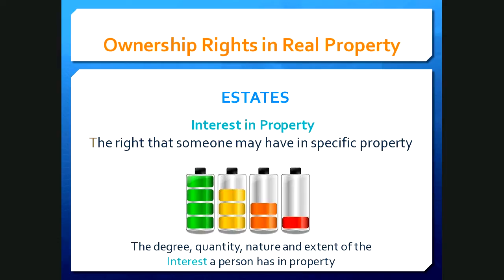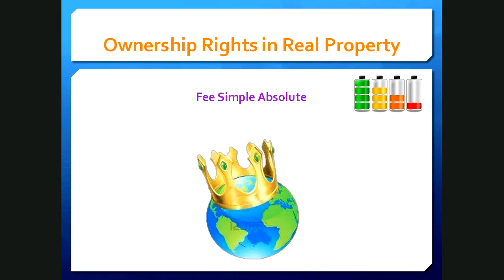So when we talk about an interest, we're talking about some right that someone may have in a piece of property. And these estates that we're going to learn about have varying degrees of the rights you have in land. So our first estate that we're going to learn about is called fee simple absolute.